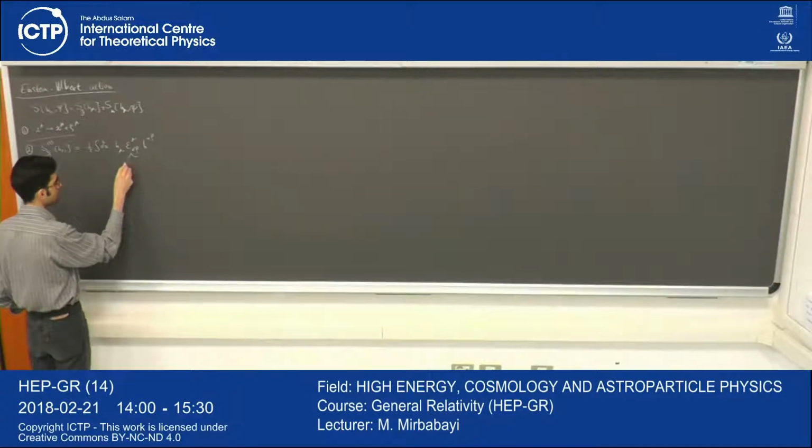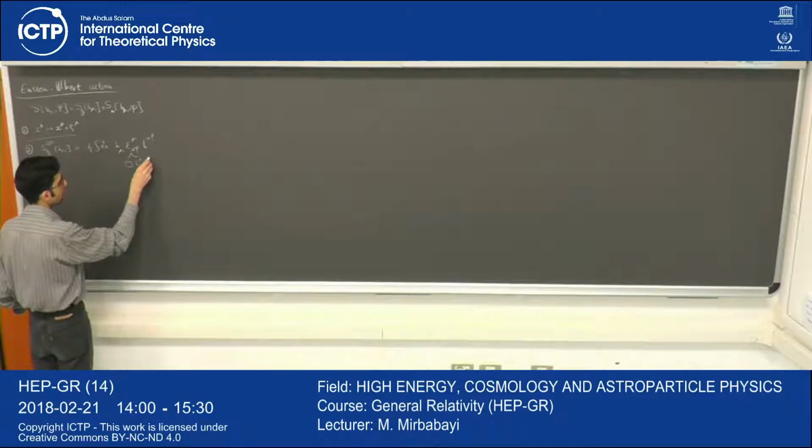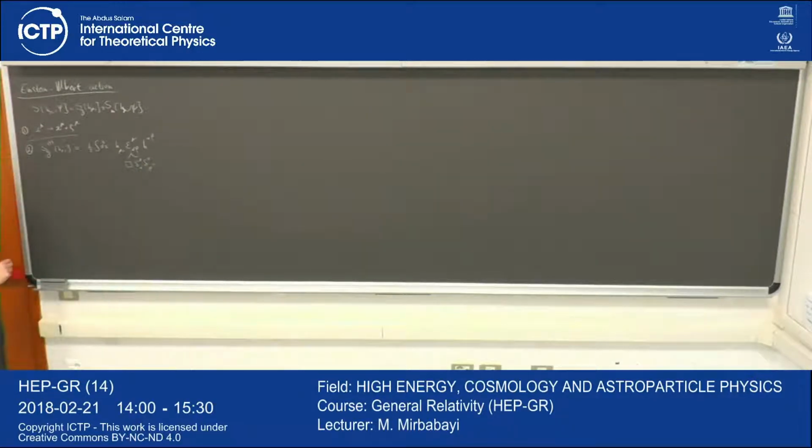For instance, it contained a term which is delta mu alpha, delta nu beta times the D'Alembertian, and then there will be others. So we want to construct something that satisfies these two conditions, and that something is called the Einstein-Hilbert action.